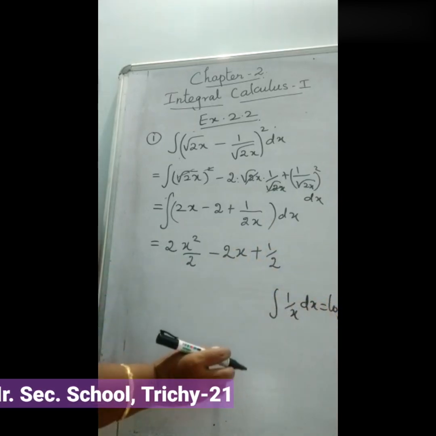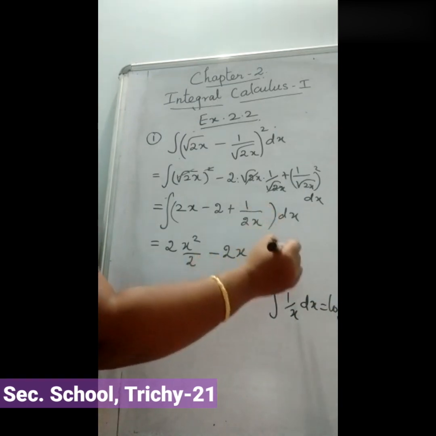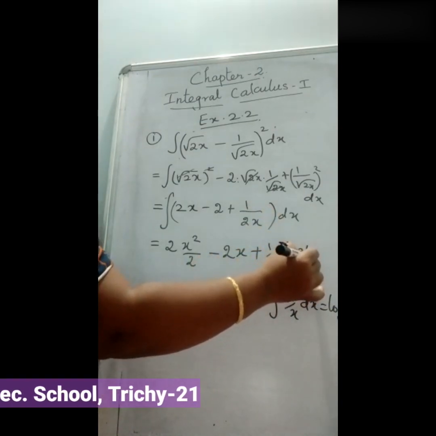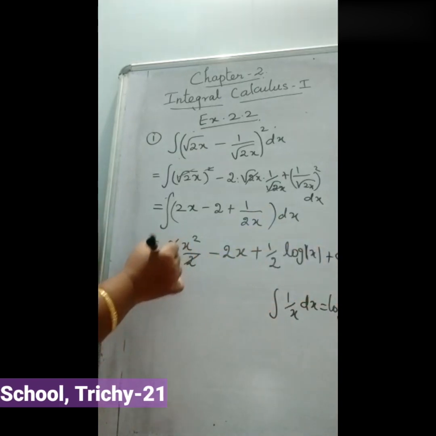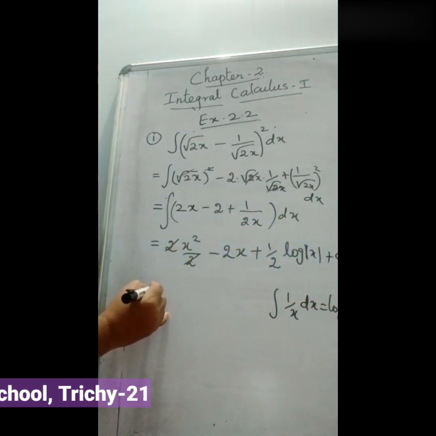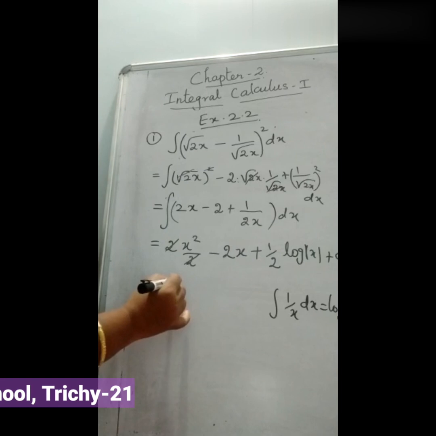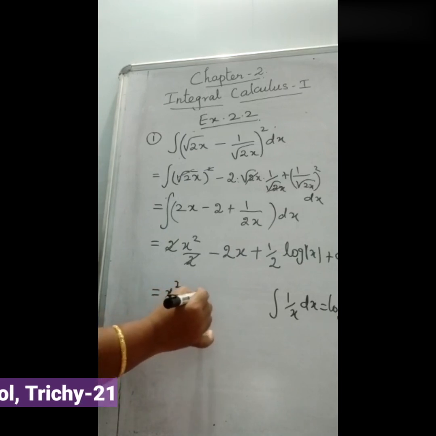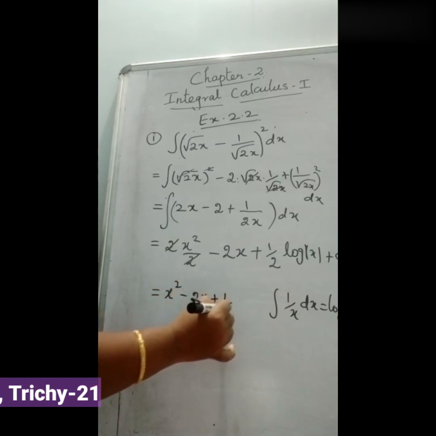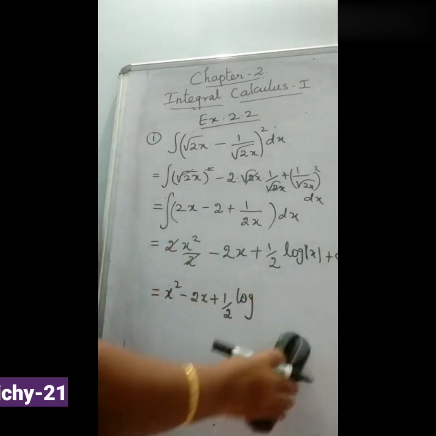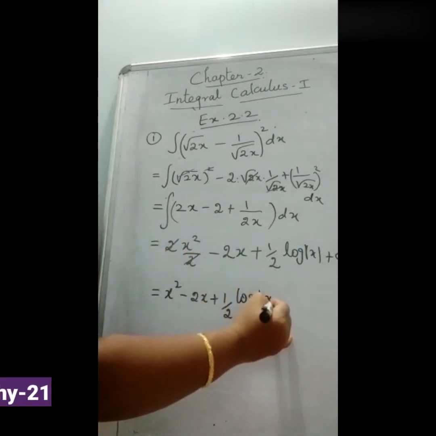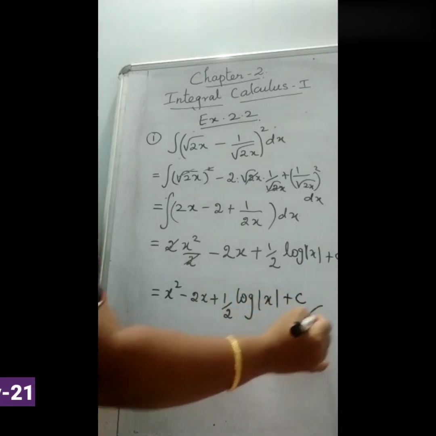So put log x for this term, log modulus x plus c. 2 and 2 will be cancelled. So the remaining answer is x² minus 2x plus 1 by 2 log of modulus of x plus c. This is the answer.